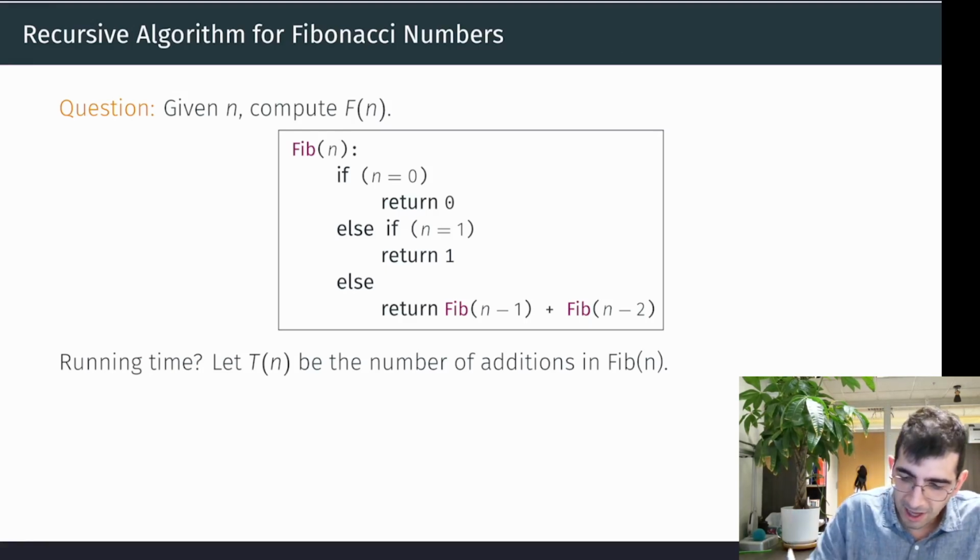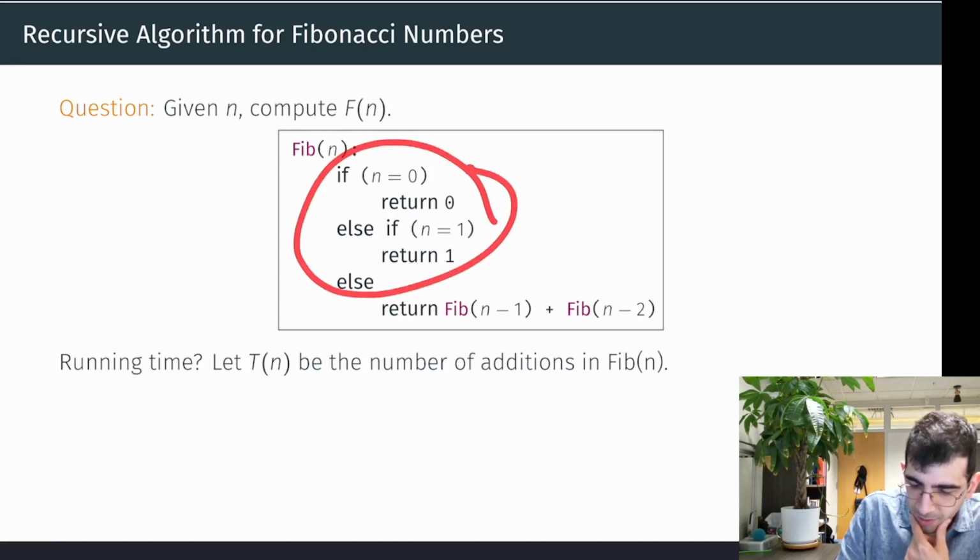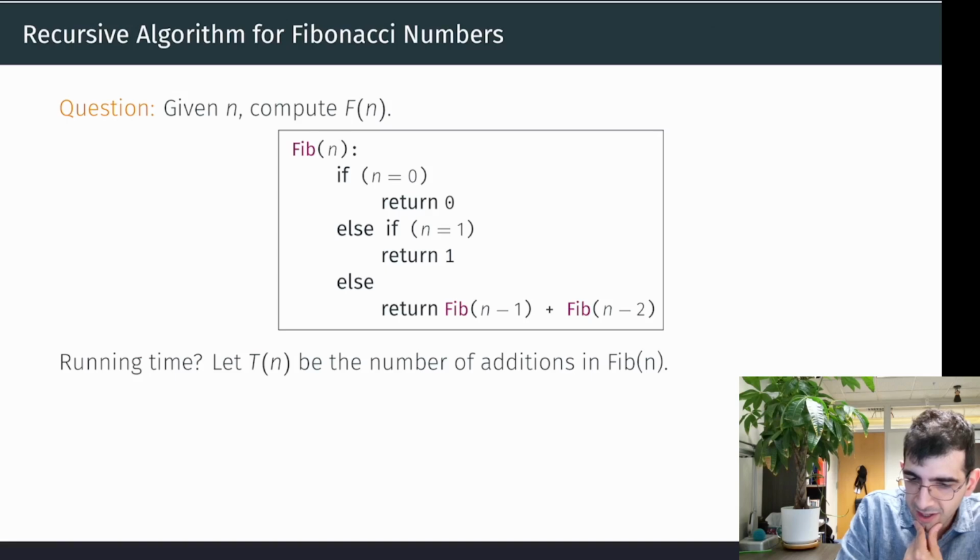Now, how do we analyze running time in recursive expressions? Well, we have to know how much work is done at every call. So the amount of work done here is pretty much only one comparison, which is O of 1.